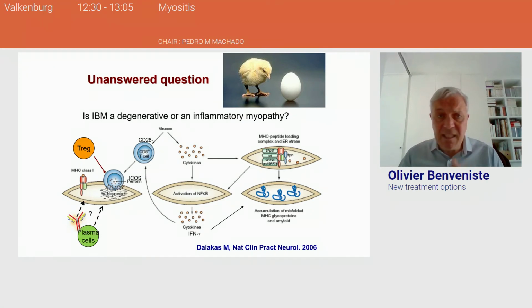So it's a weird disease with two components: first of all, one clear inflammatory reaction, but also one degenerative part with autophagy dysfunction and accumulation of misfolded proteins, mimicking somehow Alzheimer's in the brain.